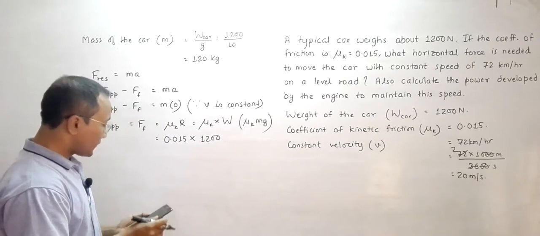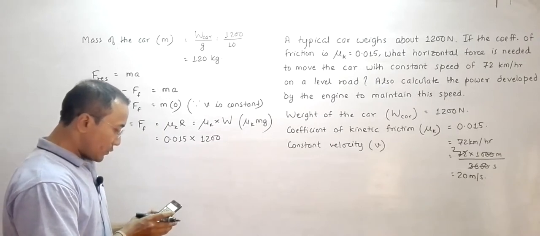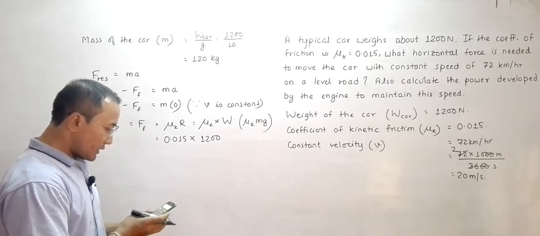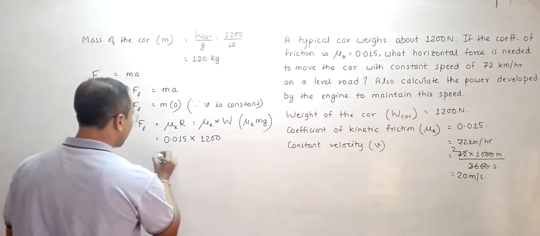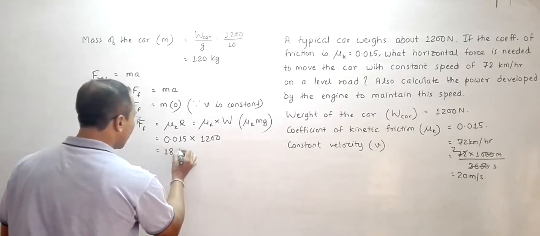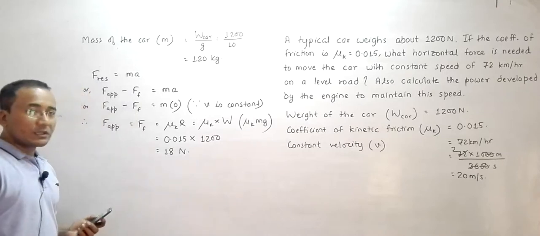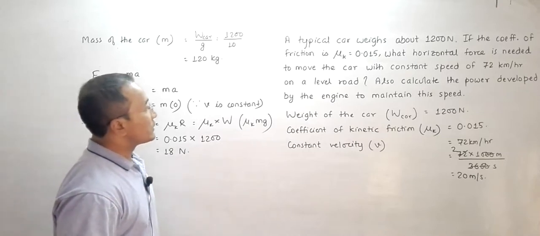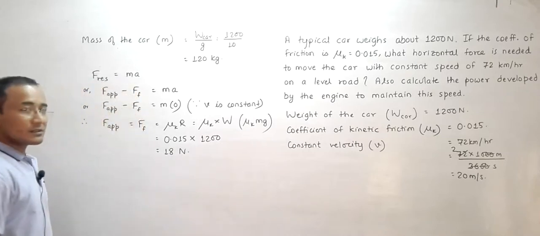Let's calculate: 0.015 into 1200 will be equal to 18 Newton. So the engine has to apply a force of 18 Newton to maintain that constant speed.